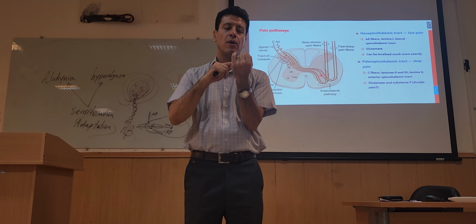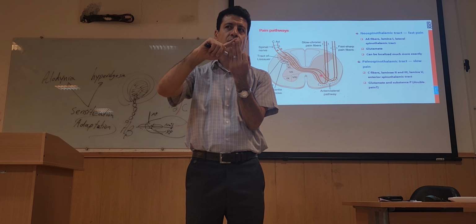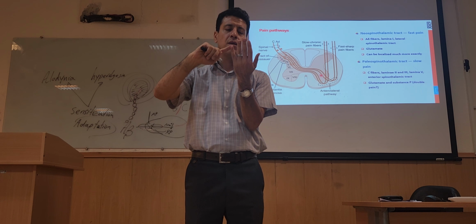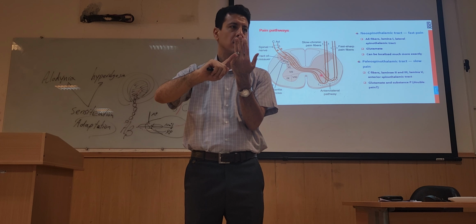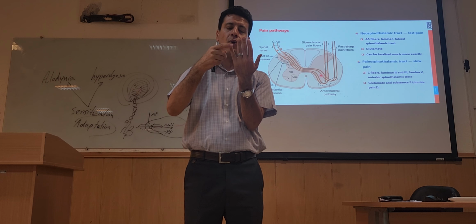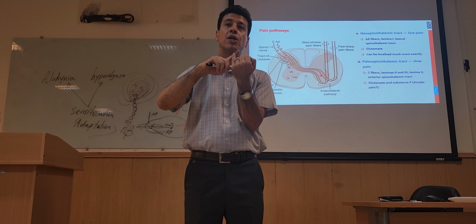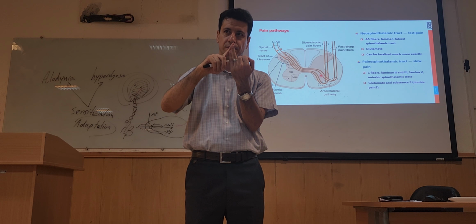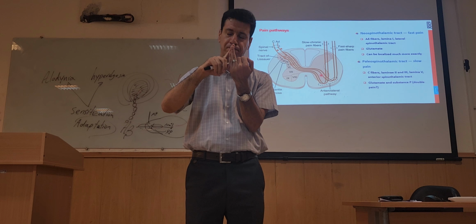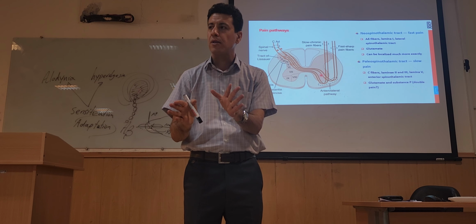DCML was for position, fine touch, graded pressure, vibration, movement on the skin, right? Anterolateral was for pain, temperature, tickle, itch, sexual sensation, crude touch, crude pressure. You know crude. Good. So, now we are talking about the pain.